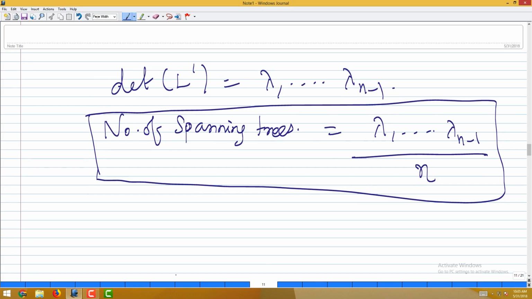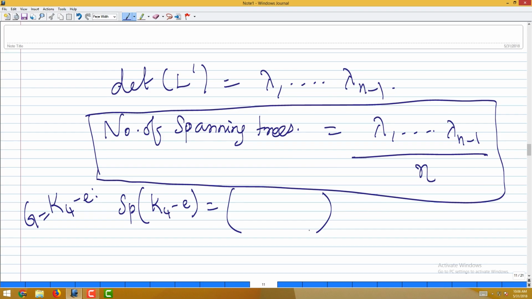So, going back to our example of K4 minus e, what are the eigenvalues of the Laplacian? We did it yesterday, K n minus p edges we took, right. So, what is the spectrum of this? I gave you the answer also there, spectrum of K n minus p edges.